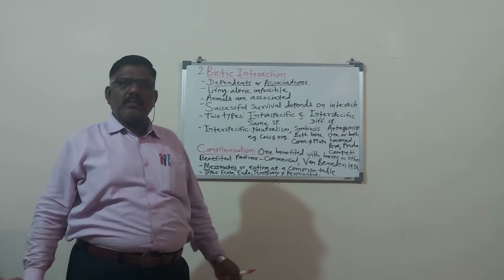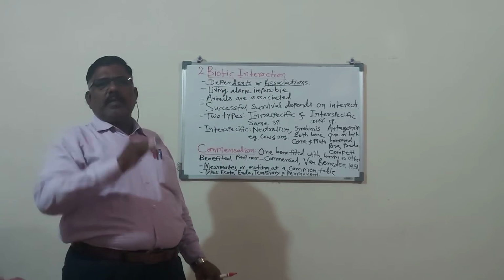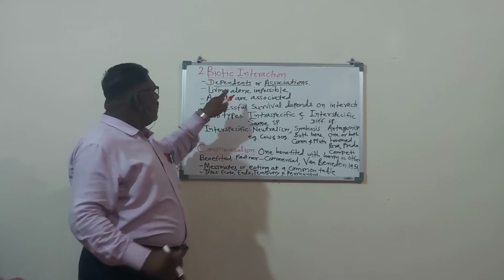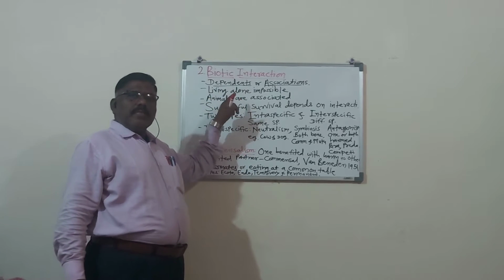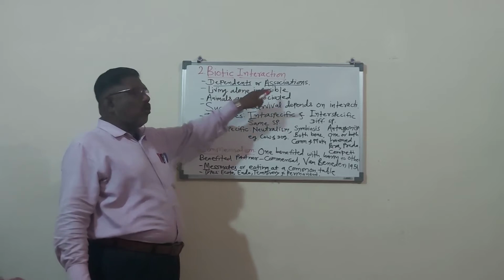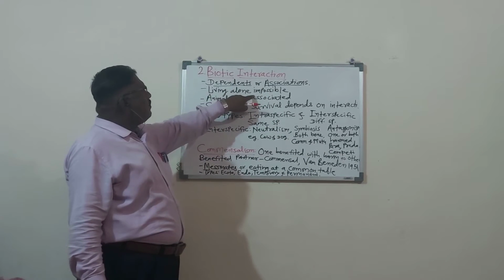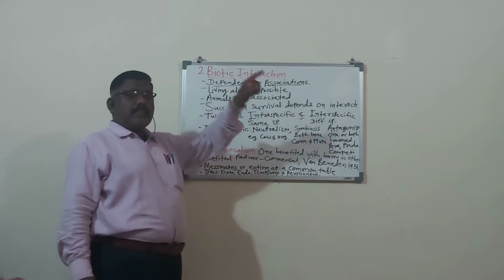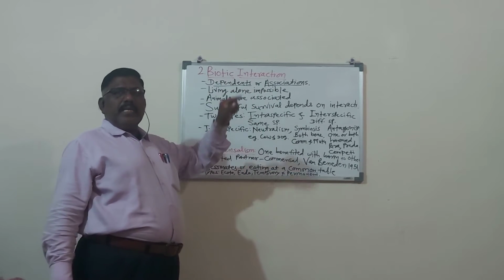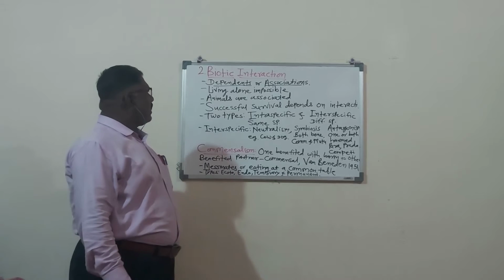Is it possible? Never possible, because it is one characteristic of science that living alone is impossible. That's why biotic interaction is very important. Dependence is very important. Association is very important.